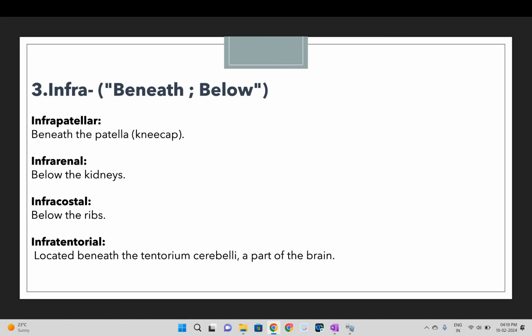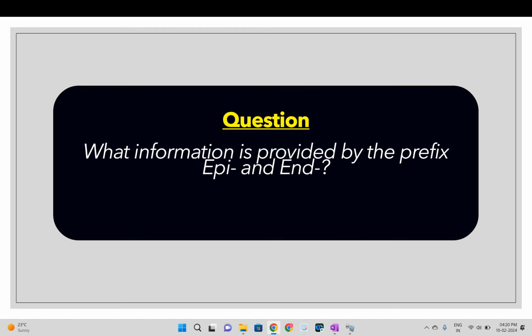If, let's say, you are preparing for some exam and you get some questions related to infrapatellar, then from infra itself you should know the meaning of infra. Infra means something which is beneath or below.